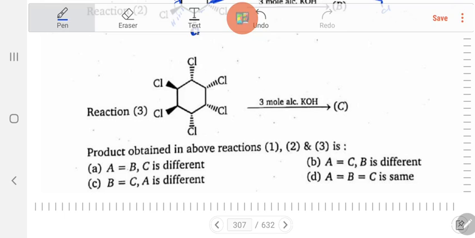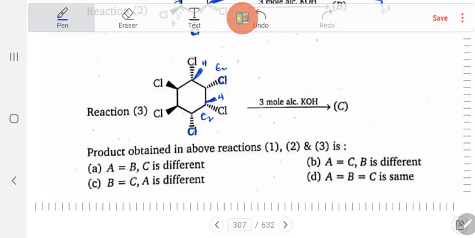Now this hydrogen is below the plane and this chlorine is above the plane. So again E2 elimination. So here one E2 elimination leads to pi bond formation. Now next case, there is hydrogen here which is above the plane, this chlorine below the plane. So here again one E2 forming a double bond.